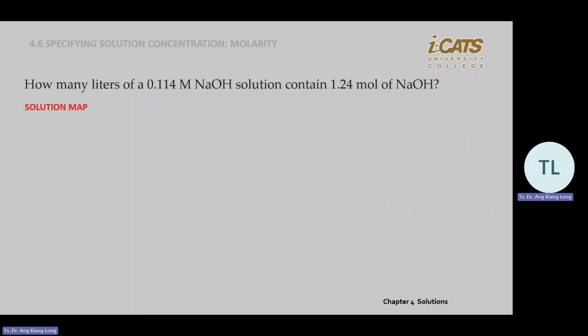How many liters of 0.114 mole NaCl solution contain 1.24 mole of NaCl? Try to think whether you know how to do it or not. This one is just a rearrangement of numbers. First, write the molality equation because it gives you the mole and asks you the liter. So you have 0.114 mole per liter.